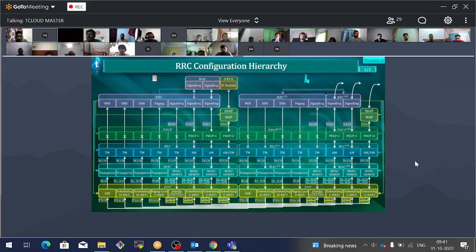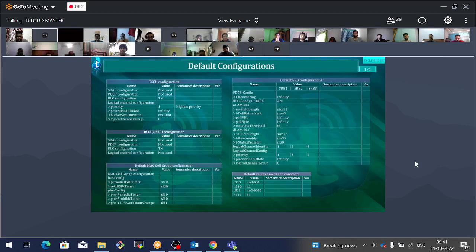So if we go back, SDAP is not used because SDAP is for the user plane, not for signaling. CCCH is used for signaling or RRC. PDCP is not used because RLC is operating in TM mode. So this is the default configuration. Both the mobile and the gNode B know that if they are operating on the CCCH logical channel, this is how they have to work.